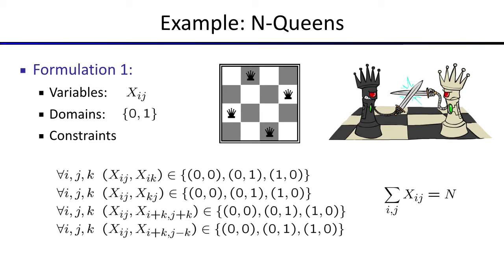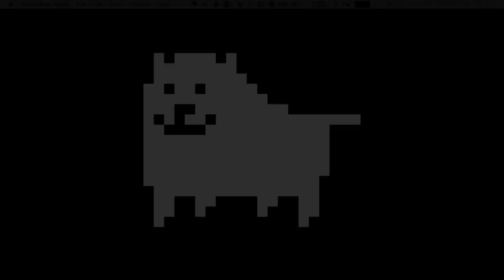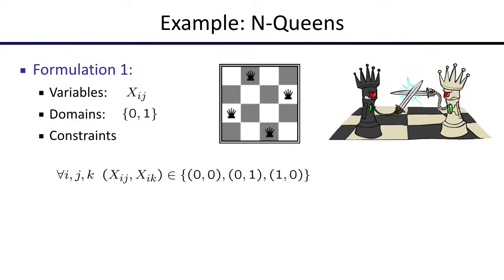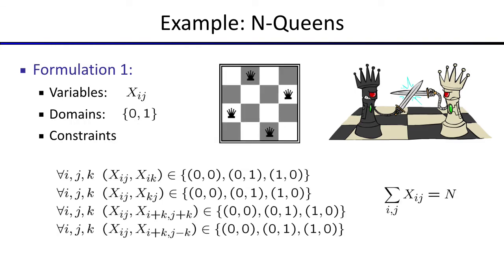So now, here's the key observation. In any solution to the n queens problem, you must have one queen in every column, right?